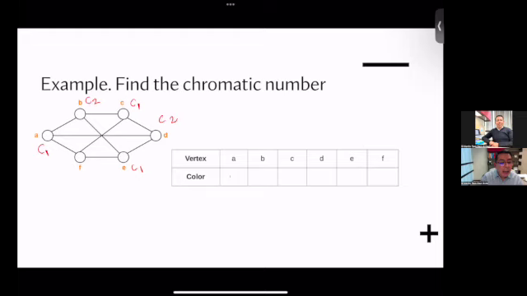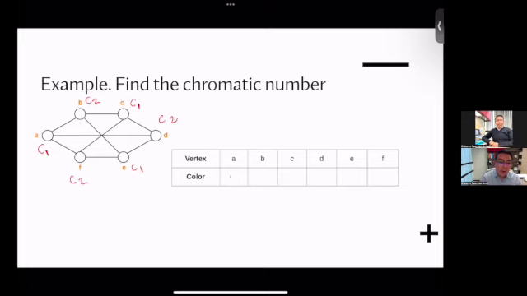I cannot use C1 because C1 is used in A, in E, and in C, which are all connected with F. Then I consider C2, and I notice that C2 is used in B and D, but F does not have any connection with B or D. So I can certainly use C2.